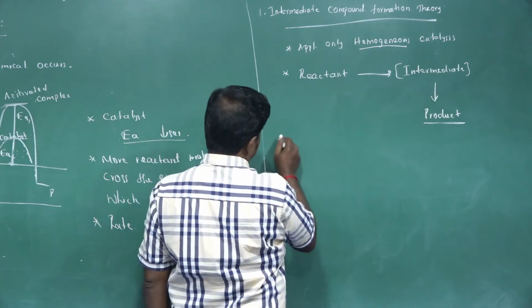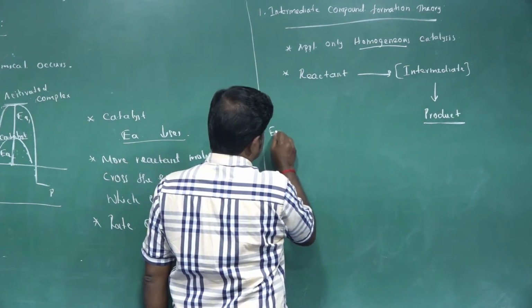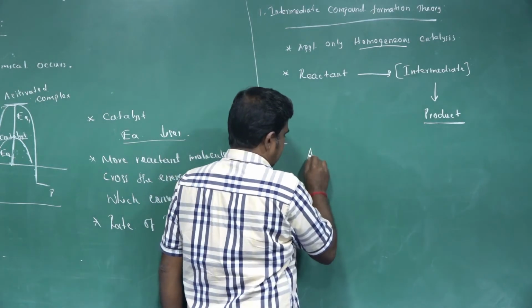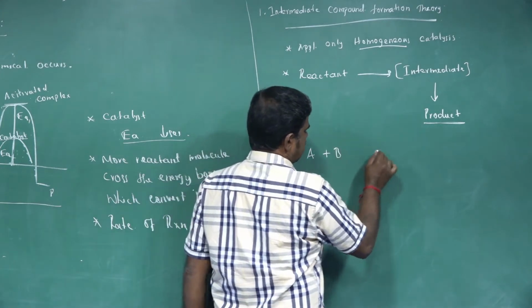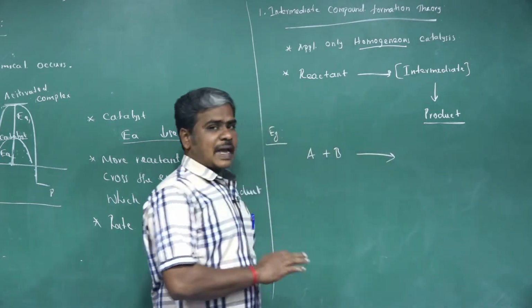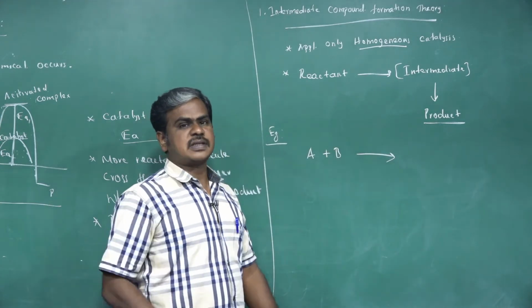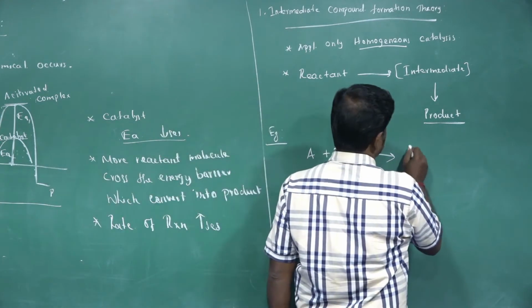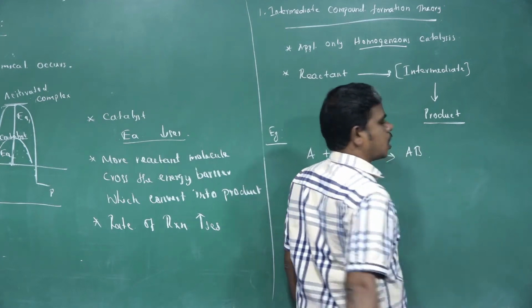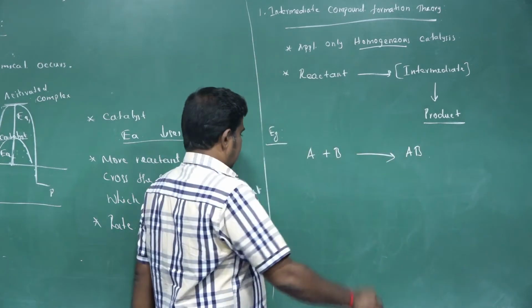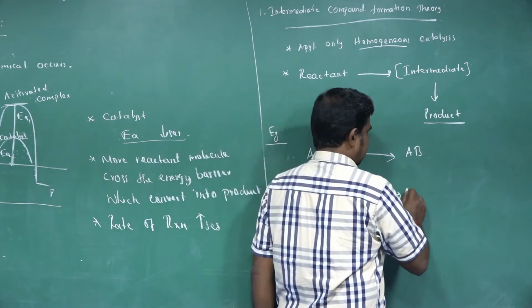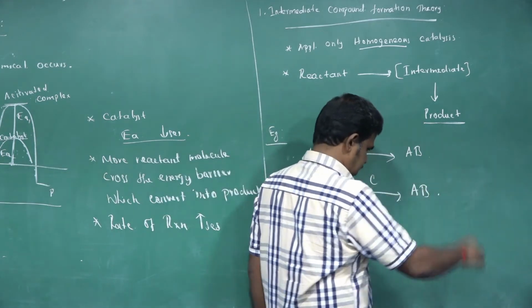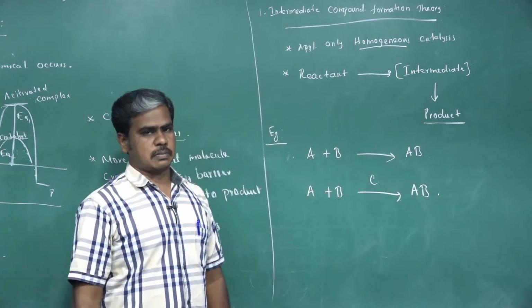Take an example: A is a reactant and B is also a reactant. The reaction takes place in the absence of a catalyst and forms AB, the addition compound. And A reacts with B in the presence of a catalyst and forms AB.